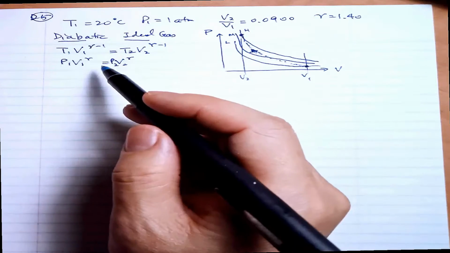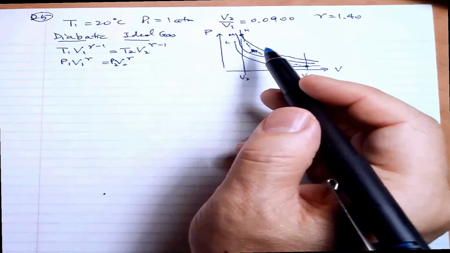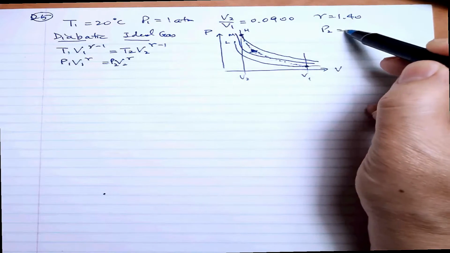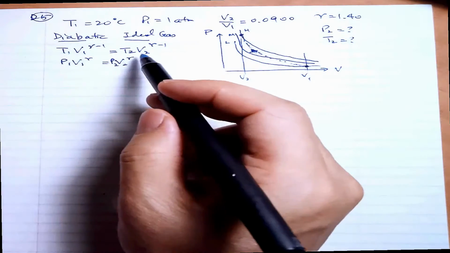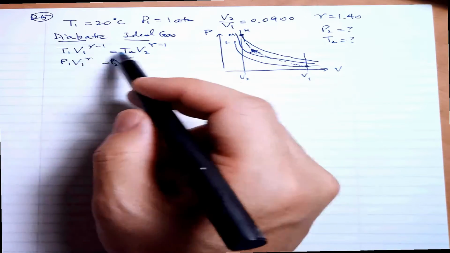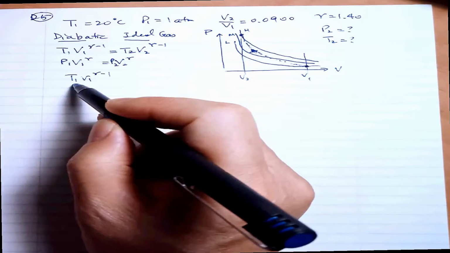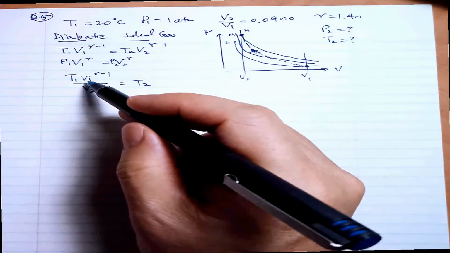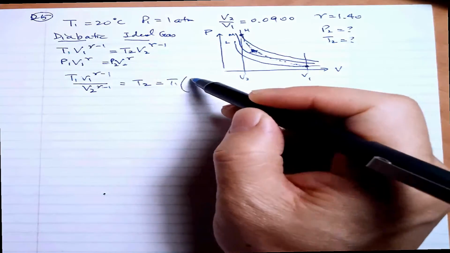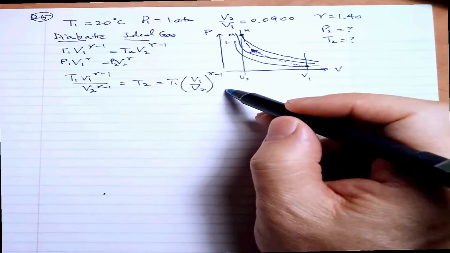Since we're looking for P2 and T2, the final temperature and pressure, I'm going to isolate T2 and P2 from these two formulas. The first one gives T2 equals T1V1 to the gamma minus 1 divided by V2 to the gamma minus 1. Or you can rewrite this as T1 times the bracket V1 over V2 to the gamma minus 1.